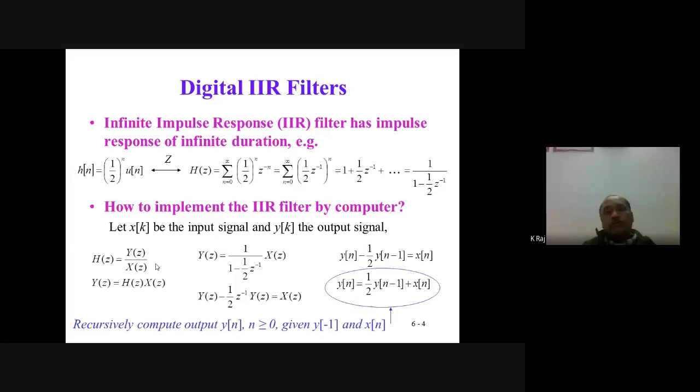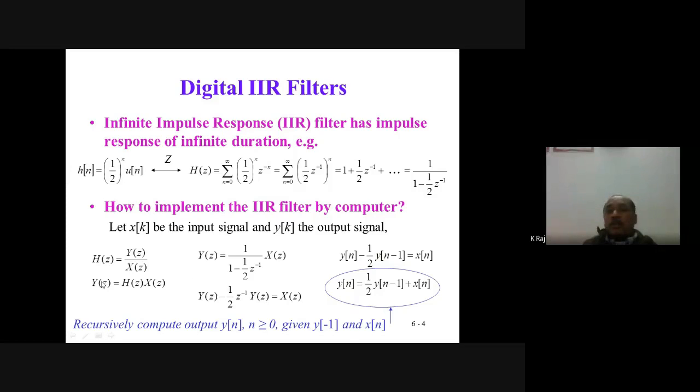If Y(z) is given as 1 upon 1 minus 1/2 z^(-1), multiplied by X(z), then y(n) in the time domain is represented as y(n) minus 1/2 y(n minus 1) equal to x(n).